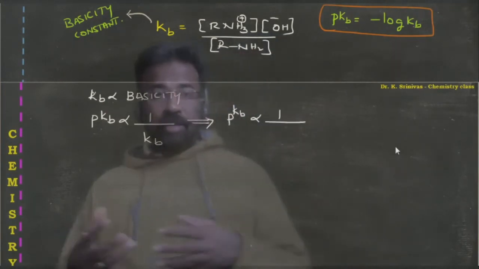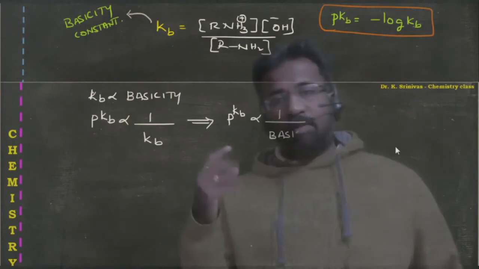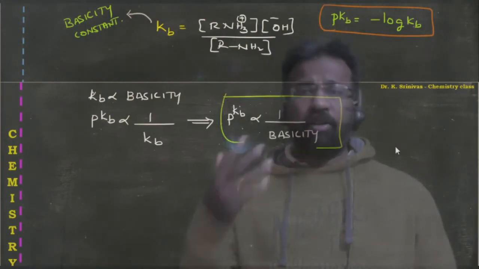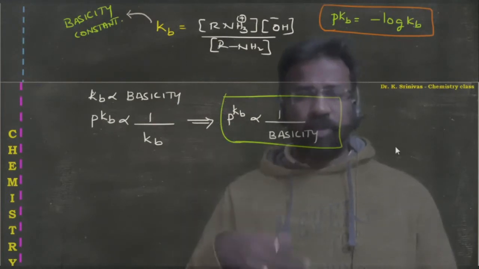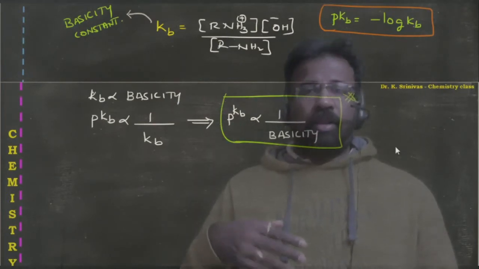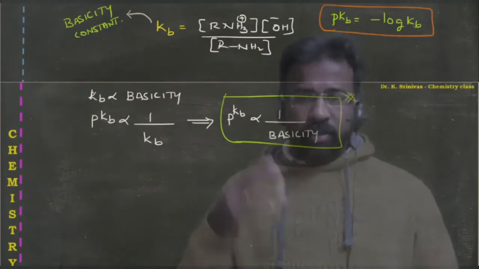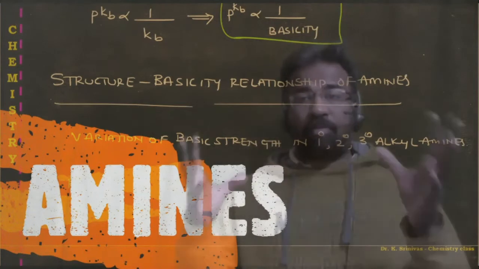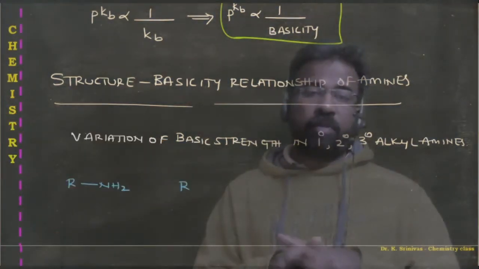Therefore, pKb is inversely proportional to the basicity. So if the pKb value is more, it is less basic, isn't it? If its value is less, then obviously it is more basic in nature. So we now have some idea about the basicity of amines.